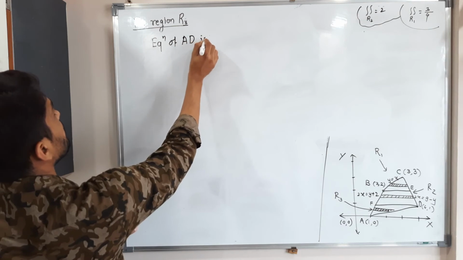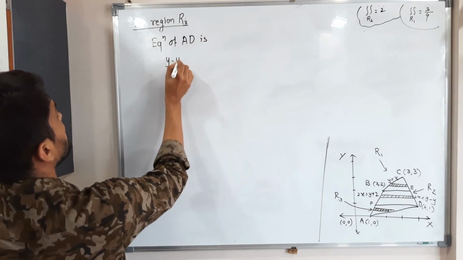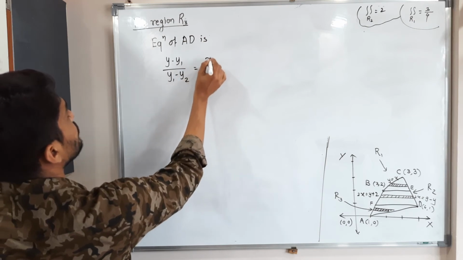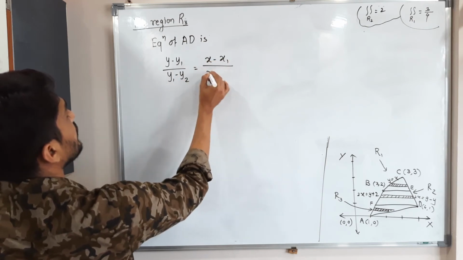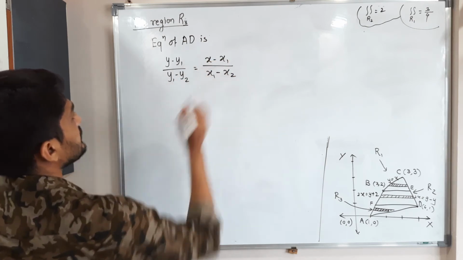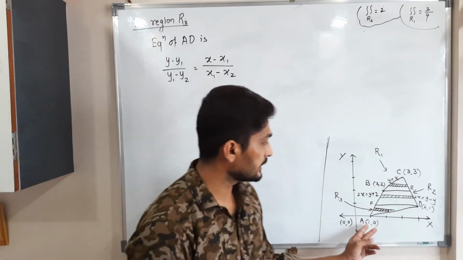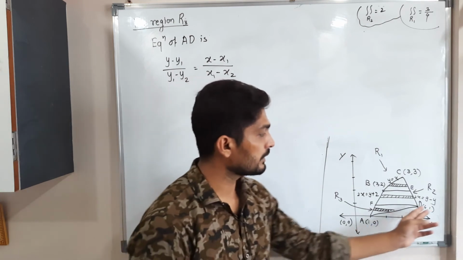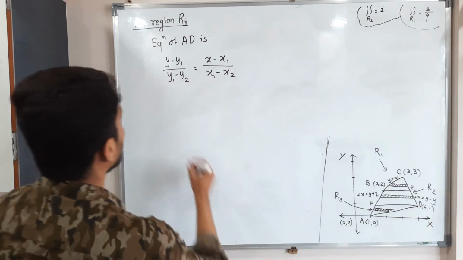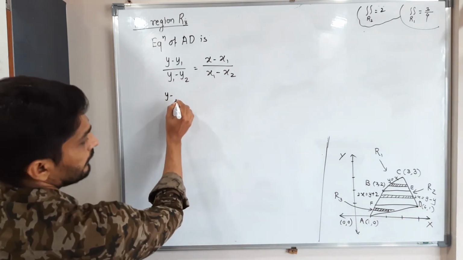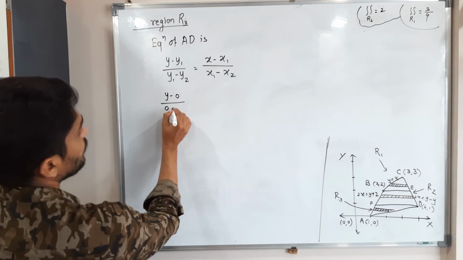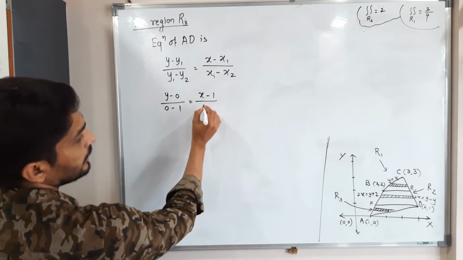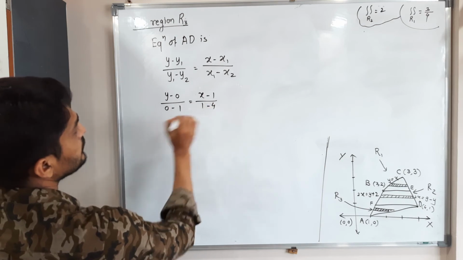How to find the equation of AD? The formula is (y minus y1) upon (y1 minus y2) is equal to (x minus x1) upon (x1 minus x2). So this is x1, y1 and this is x2, y2. Doesn't matter which you take, we'll have the same equation. y minus y1 is 0, 0 minus y2 is 1, x minus x1 is 1, and 1 minus x2 is 4.